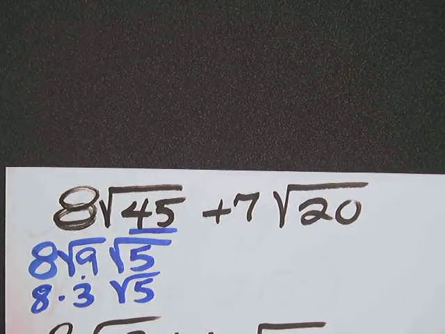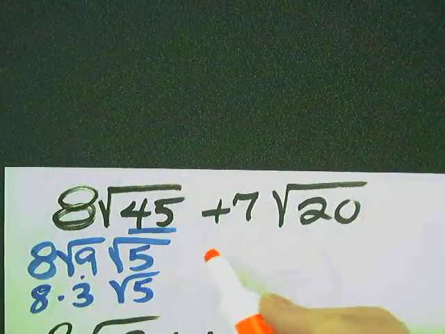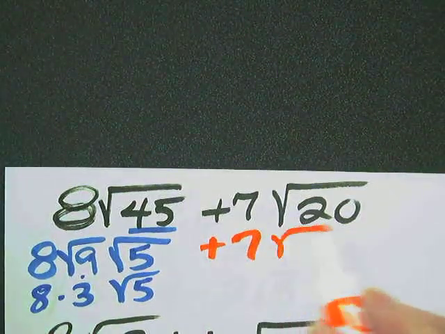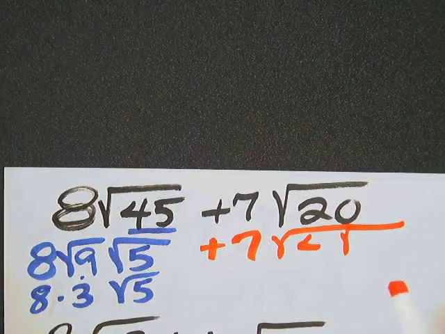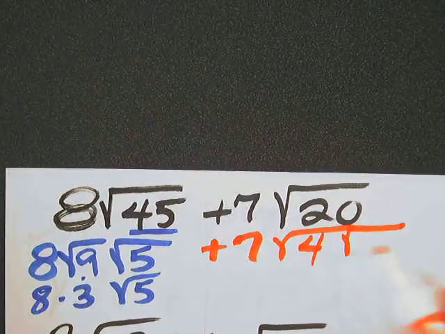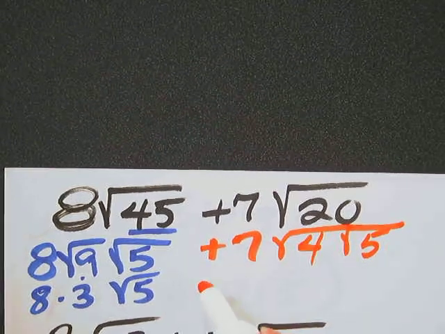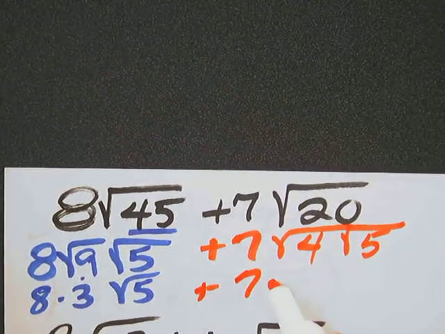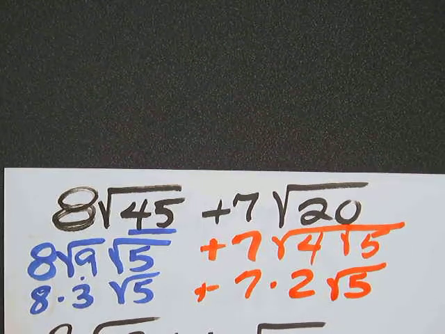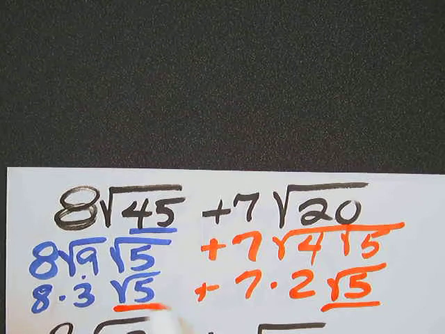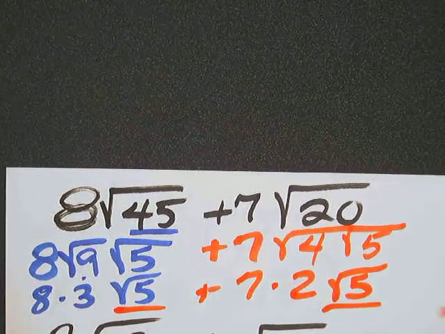So this part turns into 8 times 3, because square root of 9 is 3. Okay, how about this part? What goes into 20? There we go, 4 and 5. Okay, so square root of 4 is 2, right.